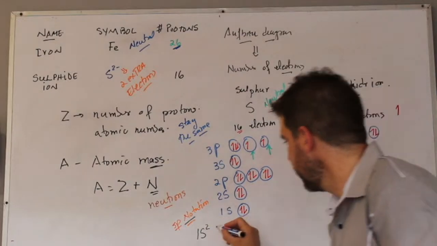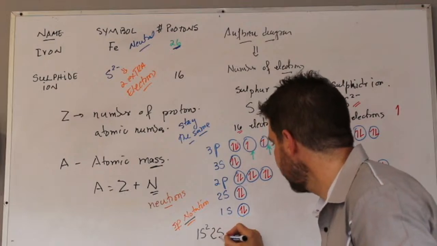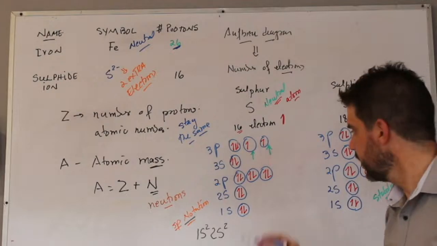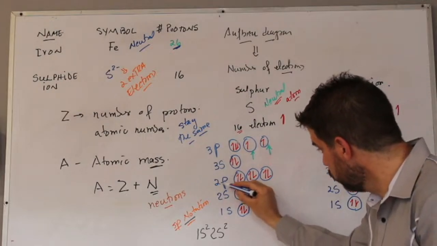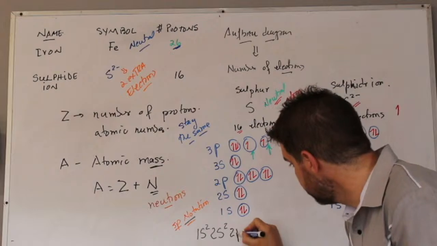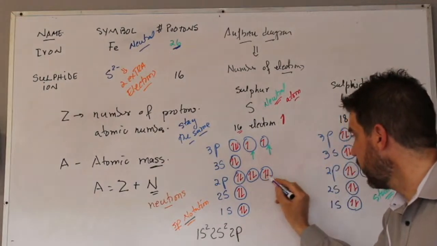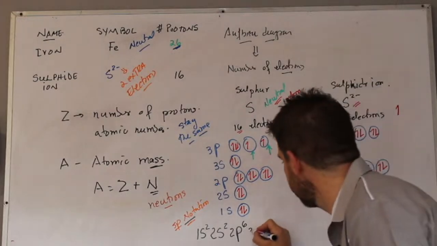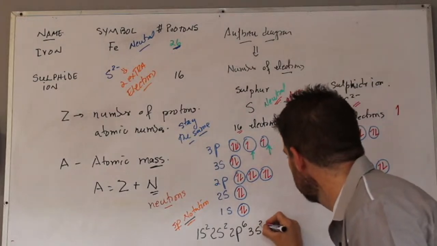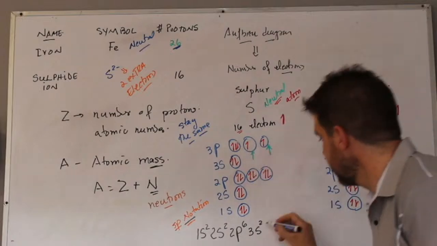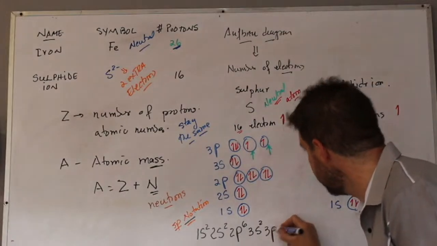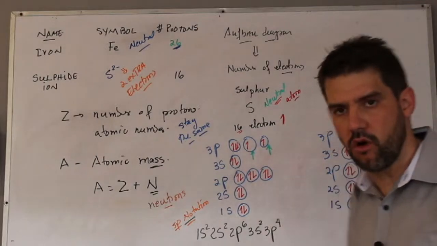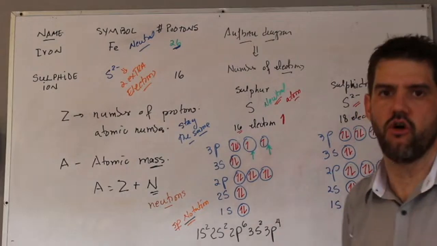For the second one, energy level 2, orbital S with 2 electrons. Energy level 2, orbital P with 2, 4, and 6 electrons. Energy level 3, orbital S, 2 electrons. Energy level 3, orbital P, 2, 3, and 4 electrons. That is what we call spectroscopic notation or SP notation.